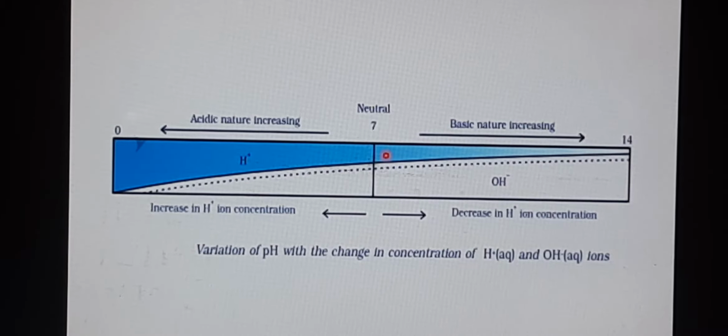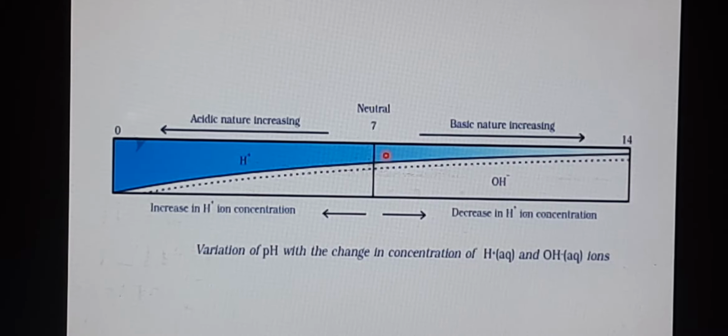You can see this region becoming light blue or almost white once we reach near 14. Similarly, this portion which is white in color shows the concentration of OH negative ions. Here you can see in 7 to 14 the concentration of OH negative ions is more as compared to the region 0 to 7.